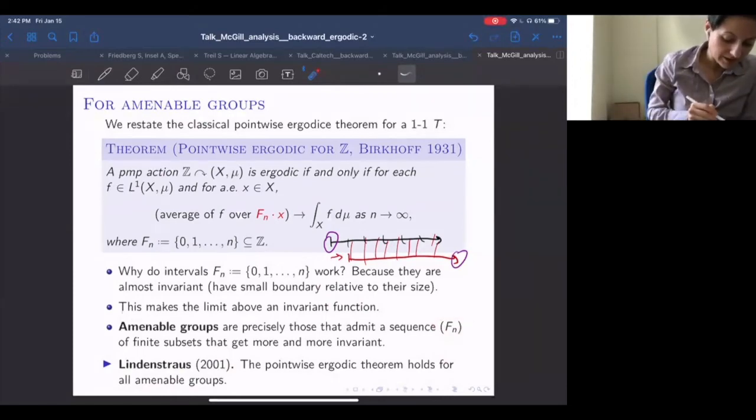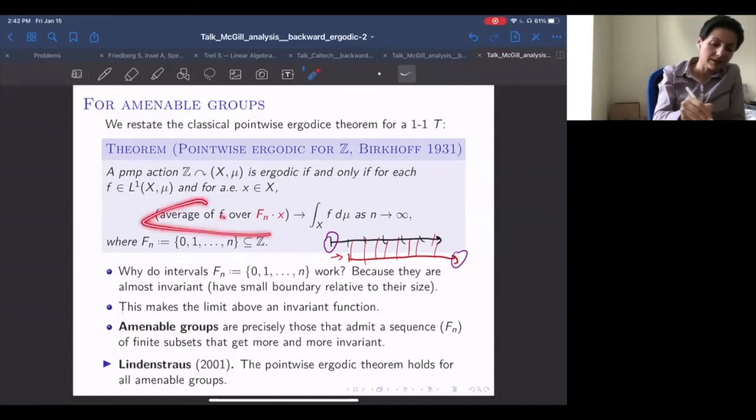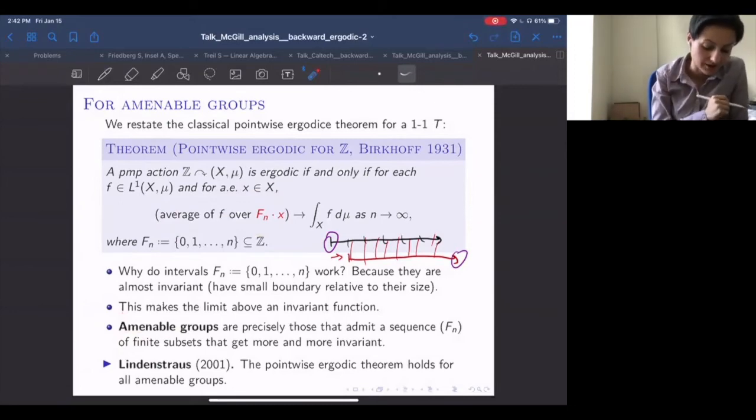So basically Lindenstrauss completely handled amenable groups. And it seems from what I said that amenability is a necessary condition to prove an ergodic theorem, because you want the boundary of the sets to be small so that these averages become invariant under the group action.